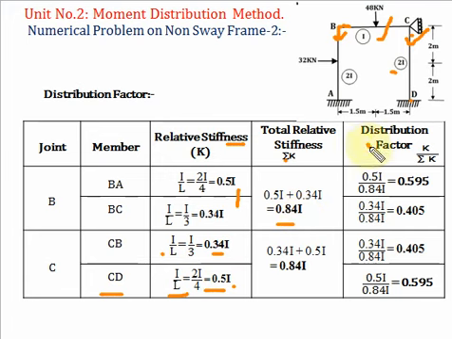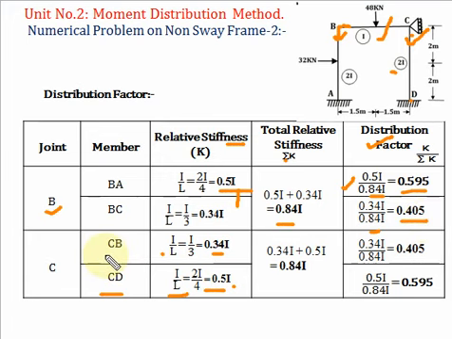Now find out the distribution factor for each member connecting at joint B. So 0.5 I divided by total relative stiffness 0.84 I is equal to 0.595. For member BC, the relative stiffness 0.34 I divided by total relative stiffness 0.84 I is equal to 0.405.